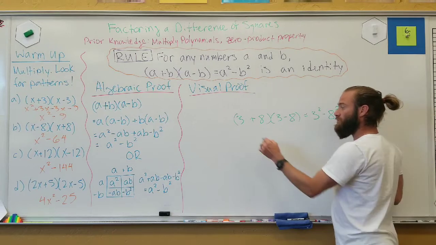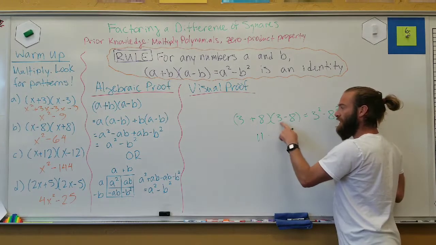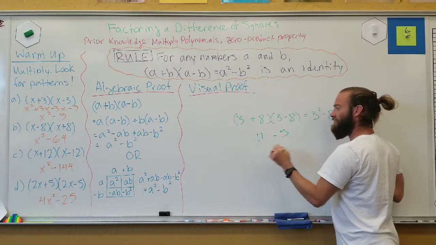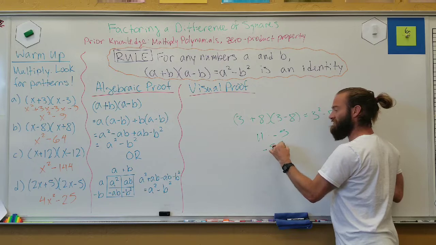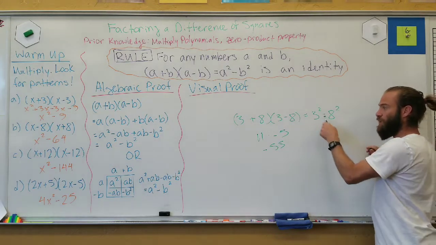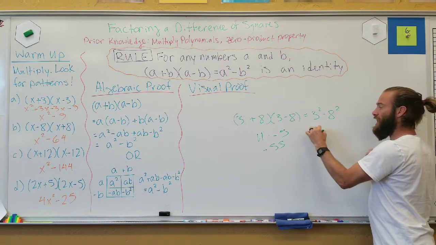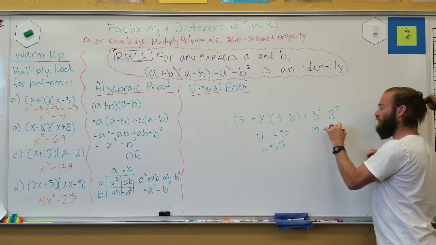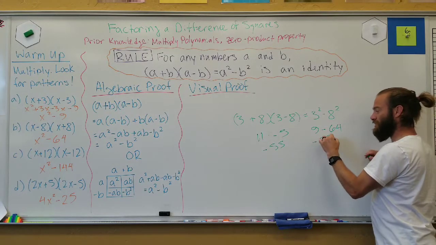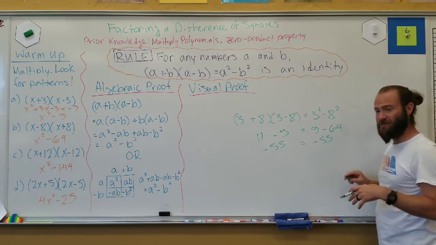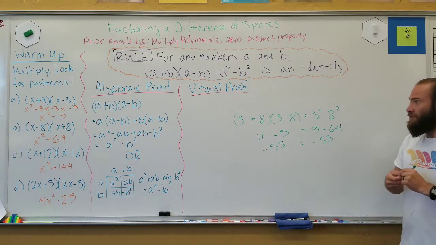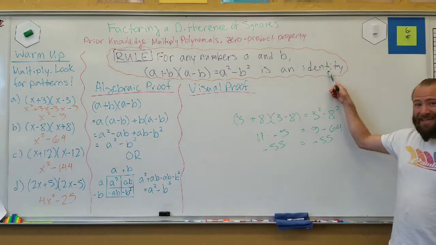They'll be equal. So this would be 11, right? And 3 minus 8 is negative 5. And that gives me negative 55, right? And then watch this. 3 squared is 9 minus 64. And that's actually also equal to negative 55.